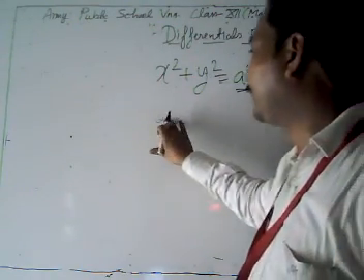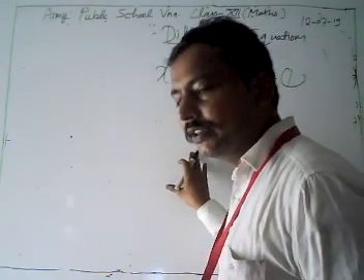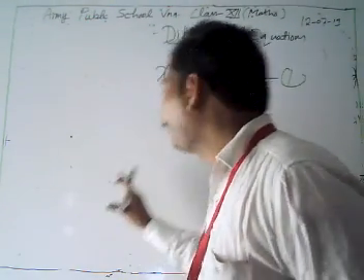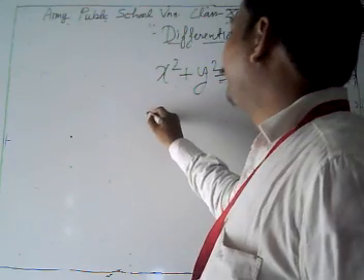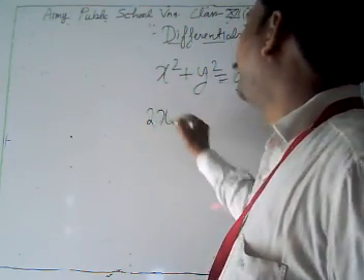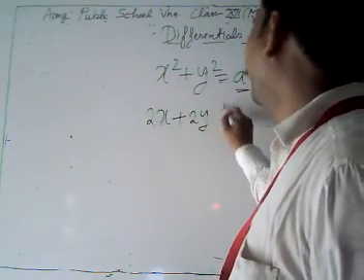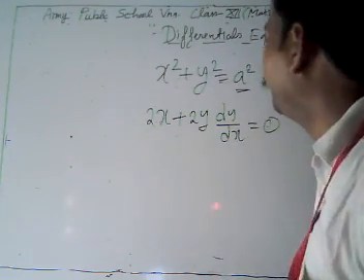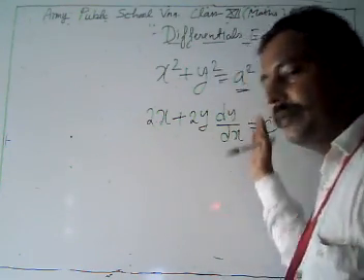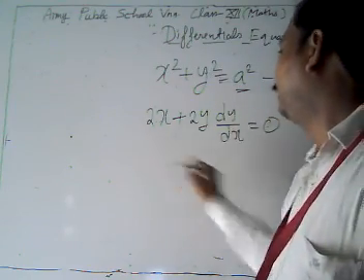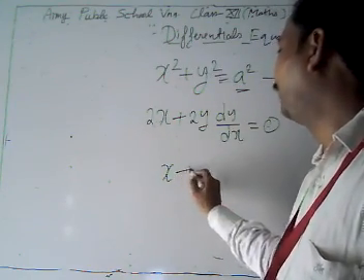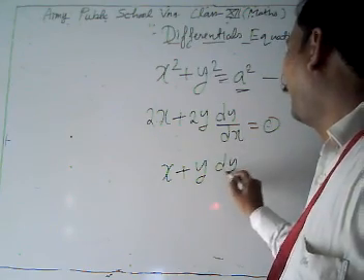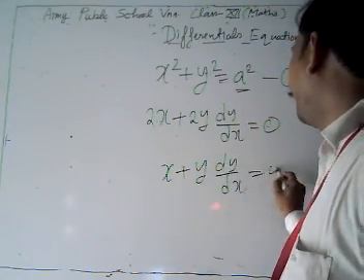Then to form a differential equation, we just have to differentiate a single time. On differentiating with respect to x, we have 2x plus 2y dy/dx, and since a square is constant, this is 0. Now this is free of the arbitrary constant, so taking 2 common, finally x plus y dy/dx equal to 0.